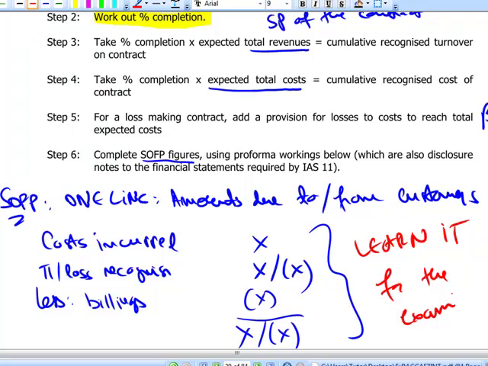So if you're looking at how to reflect this in the exam, let me take you through a fairly short example. Let's assume you have project A and project B, and you'll be given the following information. The selling price for which you contracted those projects is, let's say, 500 and 1,000.